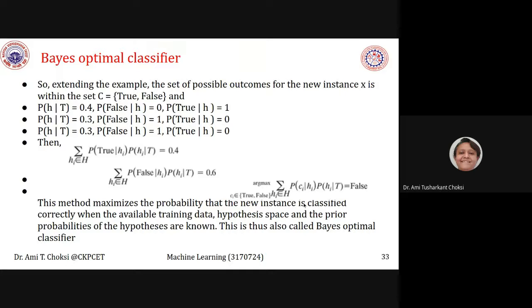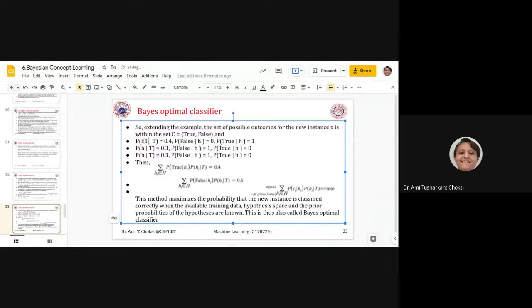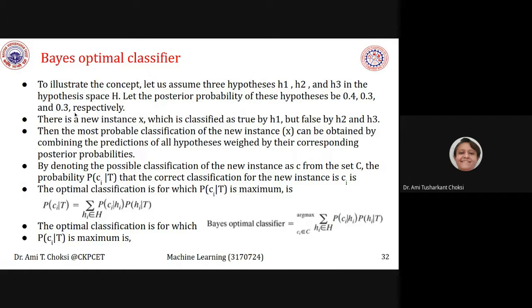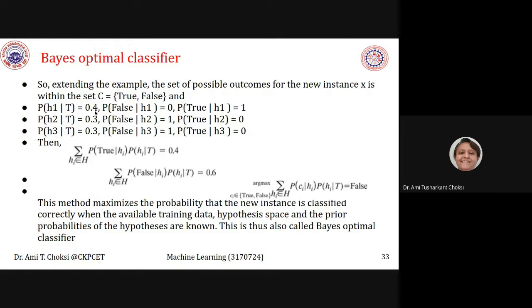And P of H1 by T is 0.4, P of H2 by T is 0.3, P of H3 by T is 0.3. This is H1, this is H2, and this is H3. Subscripts are many a time being removed, so we have to correct that. We have already assumed these values, 0.4, 0.3, 0.3, right? So that's what we are putting here.